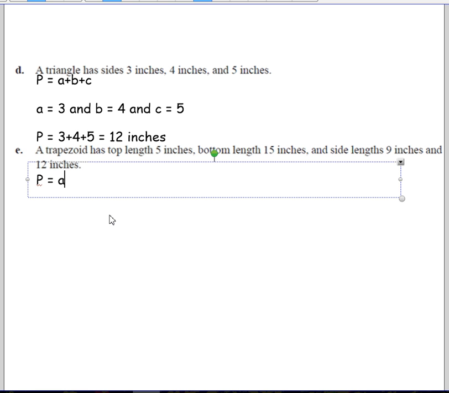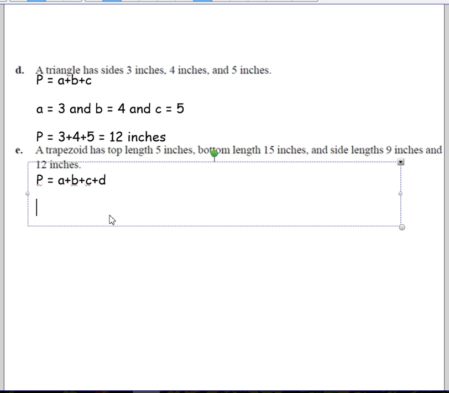So we have A plus B plus C plus D. And again, it doesn't matter really which letters go where, but we're going to stick with the placement of the letters as far as what they label them in our formulas page on that chart that we were filling out.